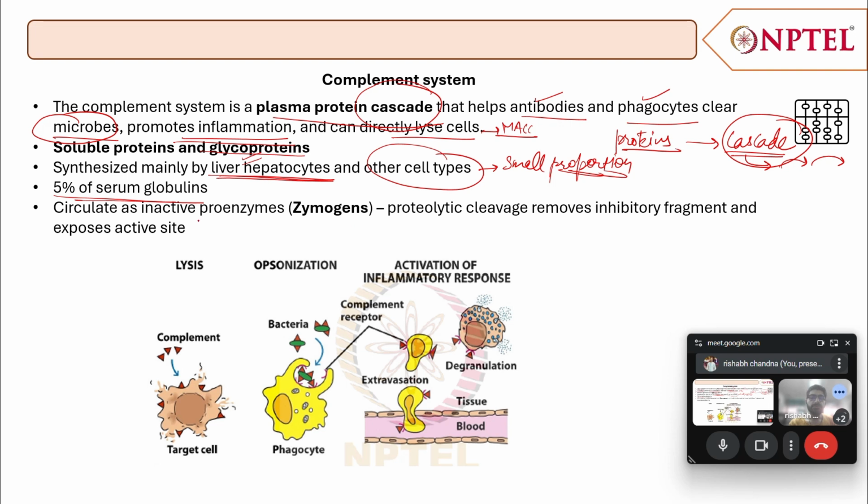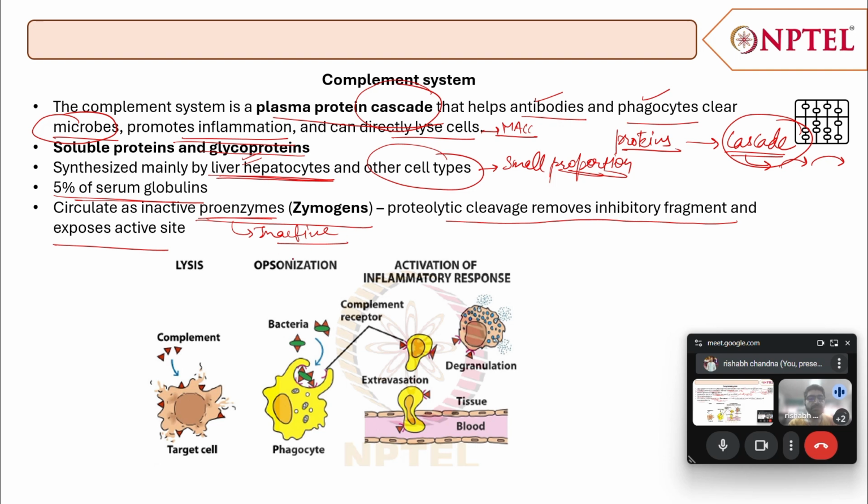They constitutively circulate in the plasma, and these are basically proenzymes, meaning they are in the inactive form. Once they are activated, they can activate the cascade. Their proteolytic cleavage removes the inhibitory fragment and exposes the active site. This is how these proteins get activated.